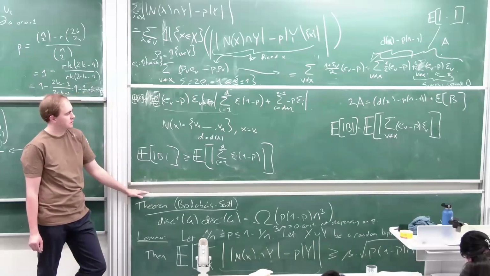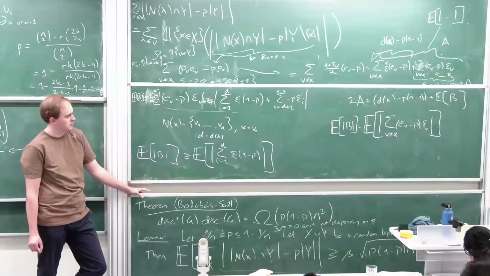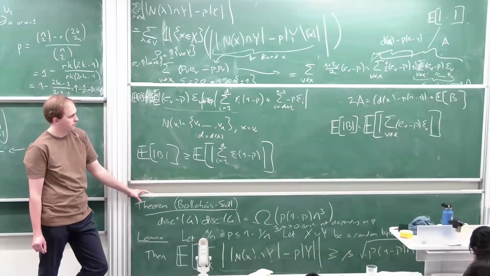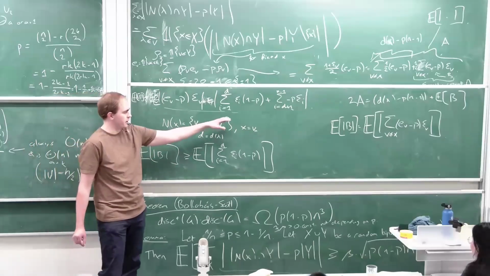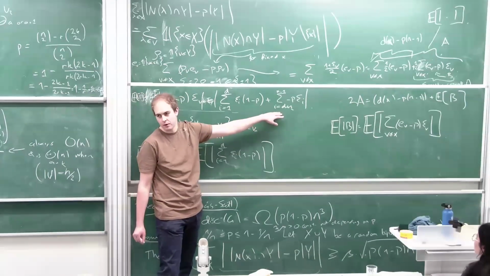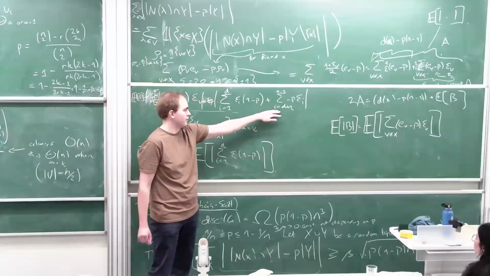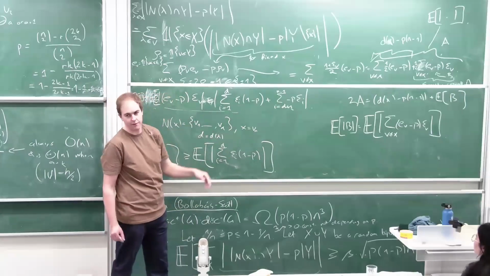So what we did here was basically we tossed away the second random sum and claimed that the expectation of the absolute value of this whole sum is at least the expectation of the first term.